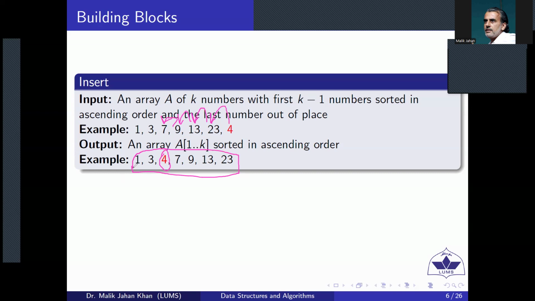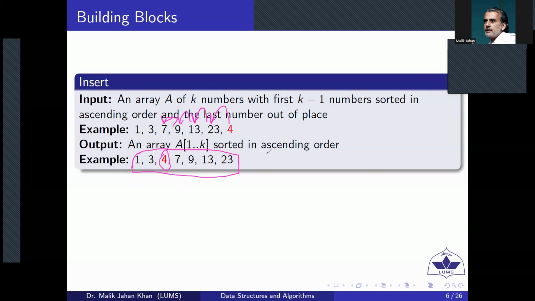But this is not a sorting algorithm. Why? Because it is based on a very strong assumption that the first k minus 1 numbers are already sorted, and we are just inserting one new number into a pre-sorted sequence. In the worst case, as you might have already noticed, we might have to shift every element one step towards the right.